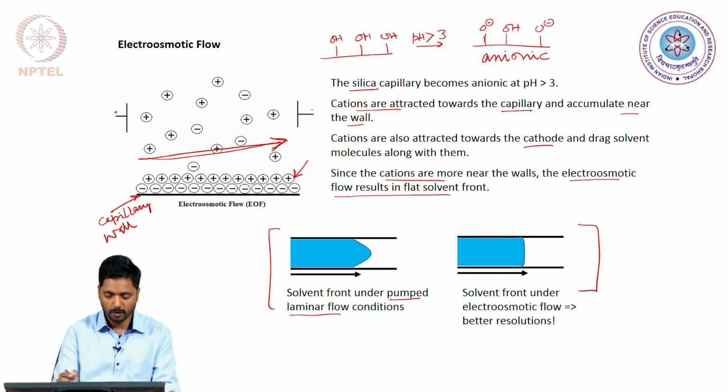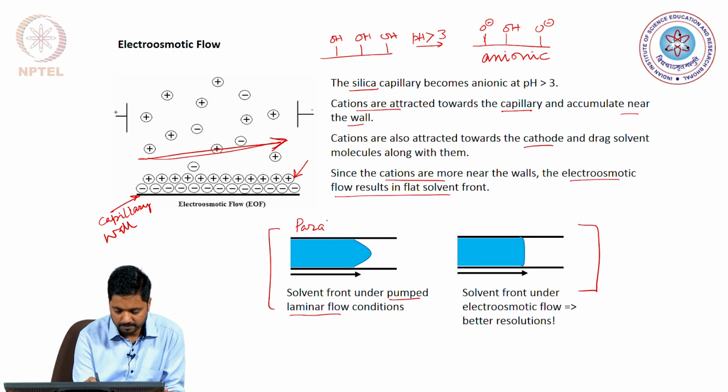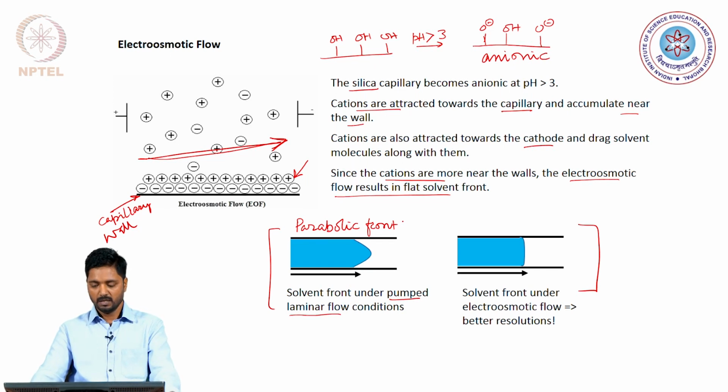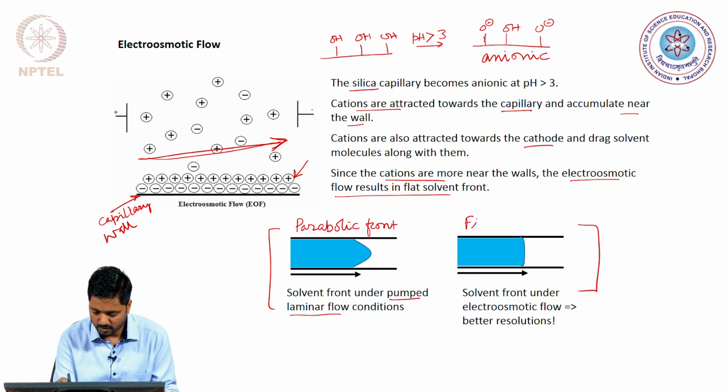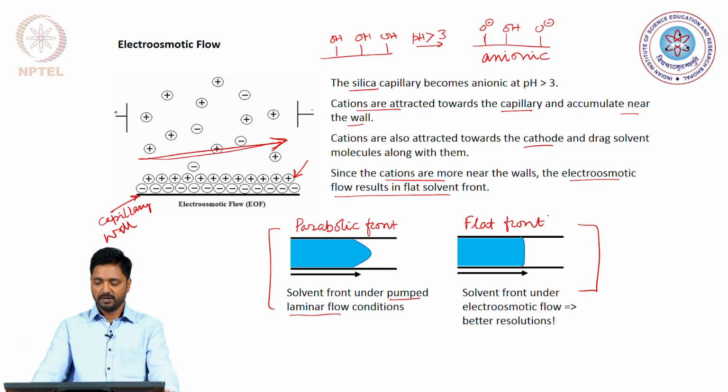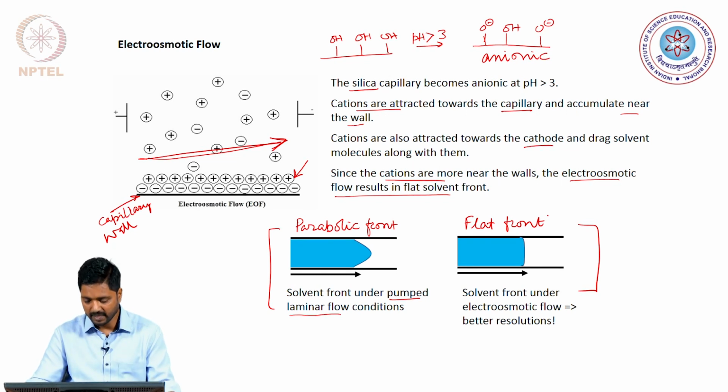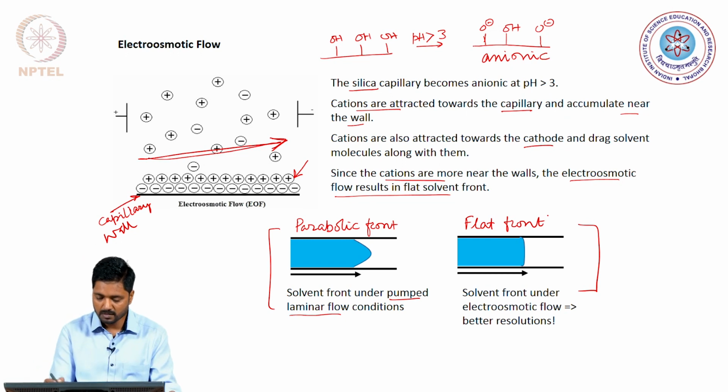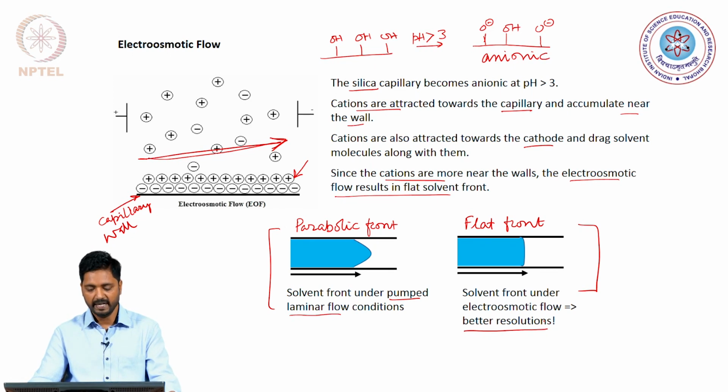The solvent obtains a parabolic front, however, under electroosmotic flow the solvent has a more flat front, and this is very advantageous when we are undertaking electrophoresis or using the electroosmotic flow for separation purposes, because now the solvent does not contribute to the spread of the band, and it results in better resolutions.